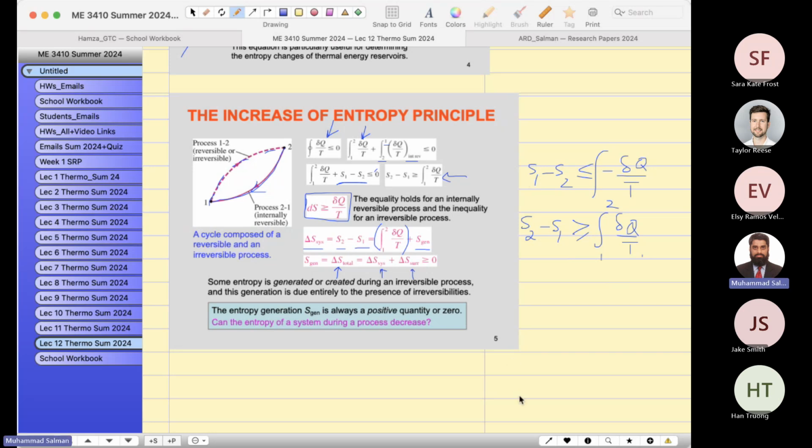I'm going to show you one example, then you will understand more clearly about entropy. So let me show you one example.